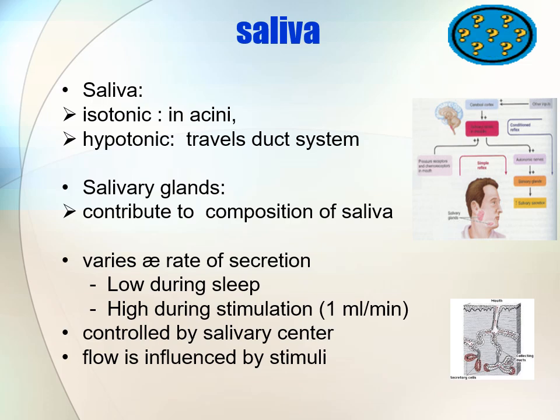When there is stimulation, let's say we are eating or we are smelling some food, the saliva flow will be high, with a salivary flow rate of 1 ml per minute. The saliva secretion is controlled by the salivary centers. And as I said just now, the flow of the saliva is controlled by stimuli.